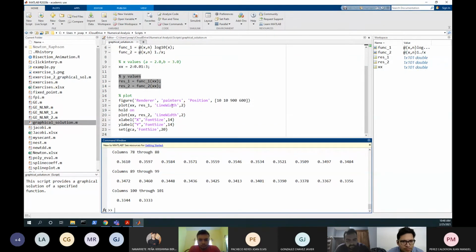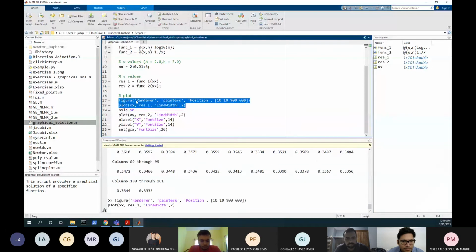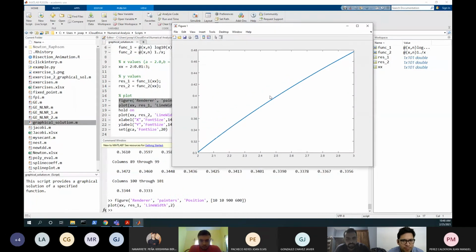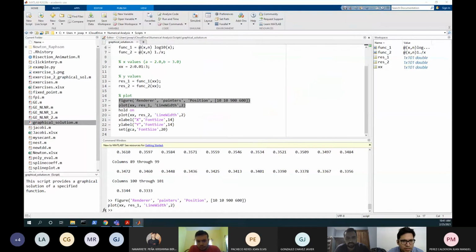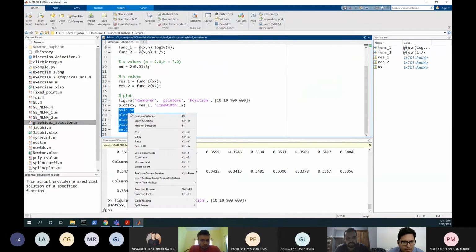Using the plot, as I told you, I'm going to plot the first line. This is the first line, and it doesn't give me anything, right? Because this is not the solution. So I'm going to apply the hold on, and apply all the settings.